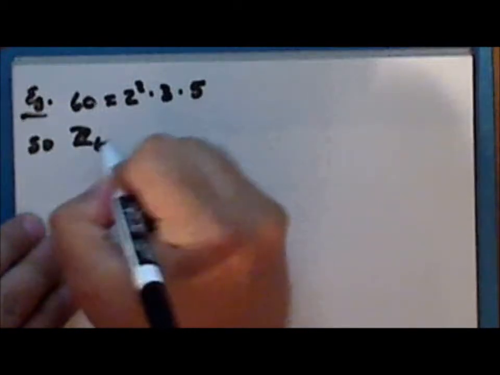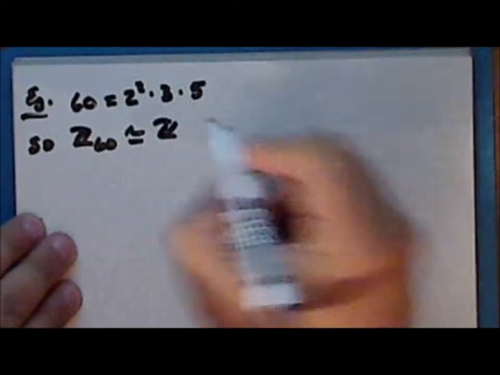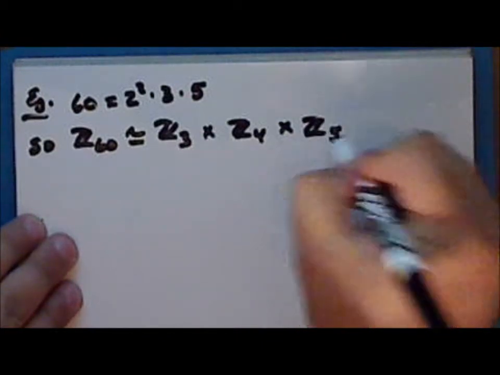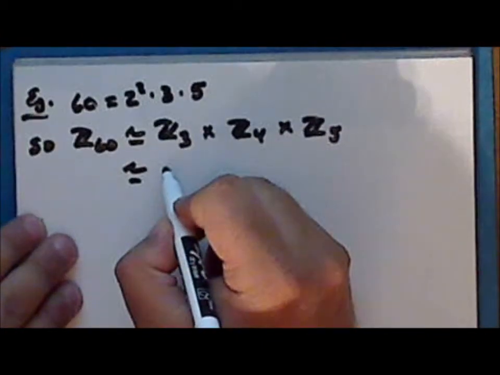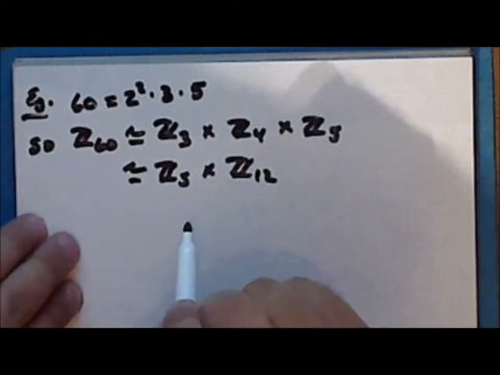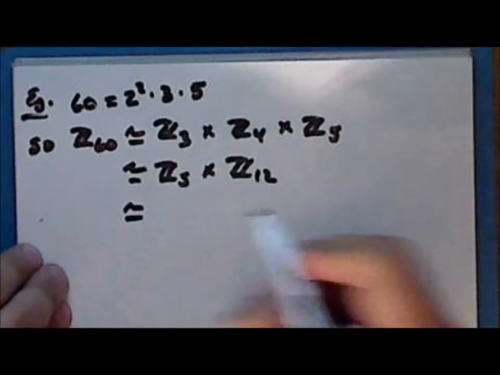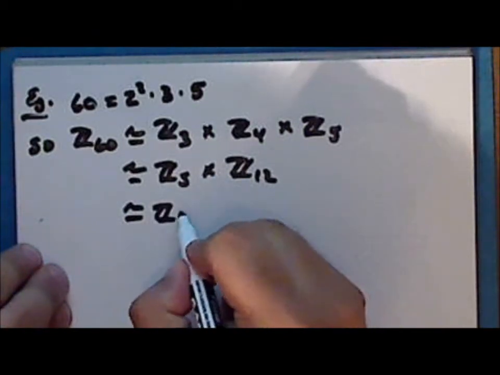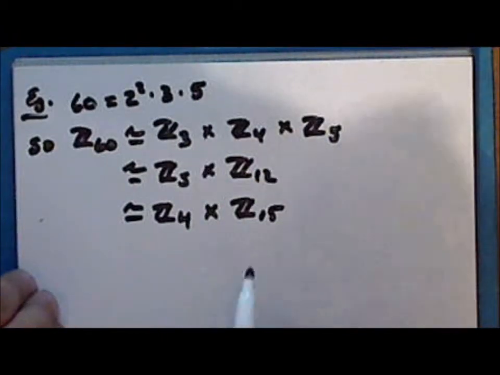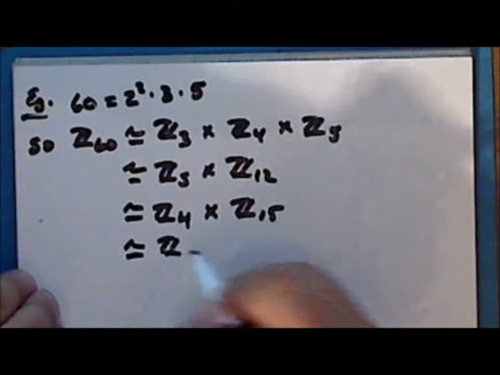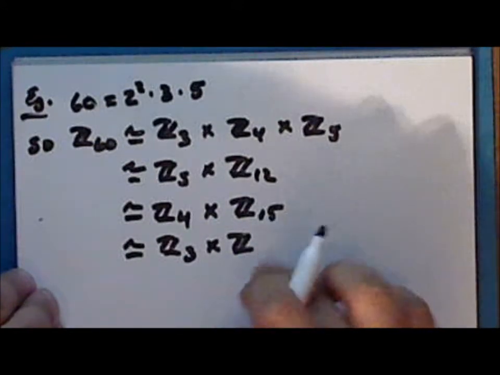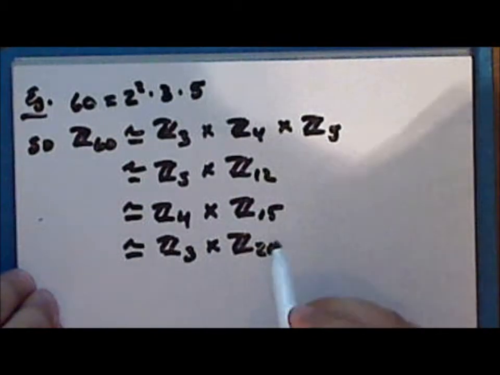And so the integers modulo 60 is isomorphic to the product of the integers modulo 3 times the integers modulo 4 times the integers modulo 5, which in turn is isomorphic to the integers modulo 5 times the integers modulo 12, since 3 and 4 are relatively prime, and it is also isomorphic to the integers modulo 4 times the integers modulo 15, since 3 and 5 are relatively prime, and is also isomorphic to the integers modulo 3 times the integers modulo 20, since 4 and 5 are relatively prime.